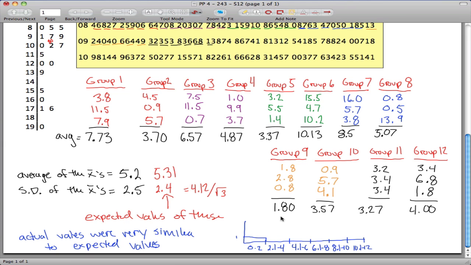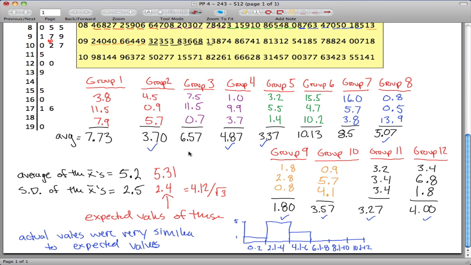So I've already taken care of this guy. 2 to 4, 1, 2, 3, 4, 5. 5 of them in the 2 to 4 range. So I'll need this guy to be quite a bit taller. This up here is 5. 4.1 to 6. Let's see, we got 1, 2. Looks like that's it. So 2. Do something like this.